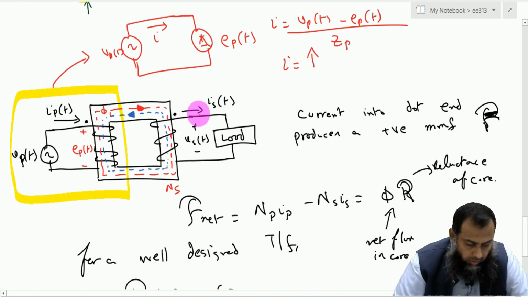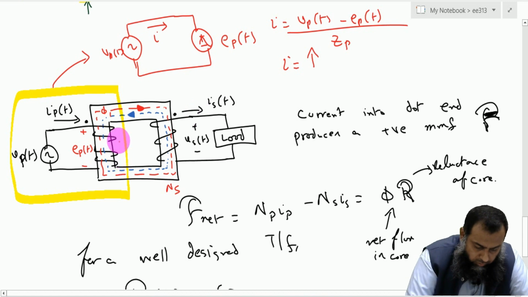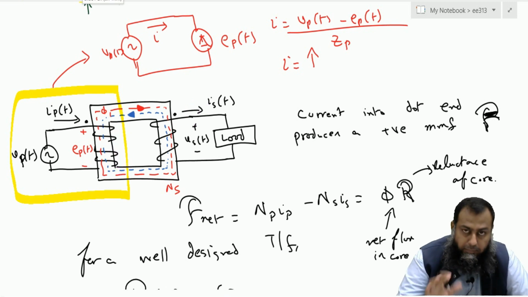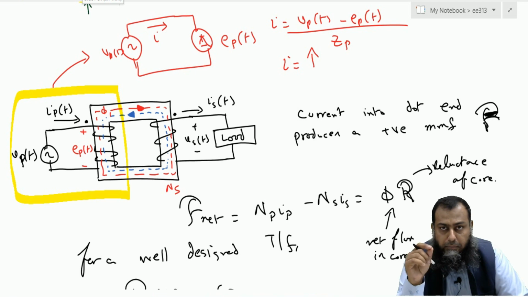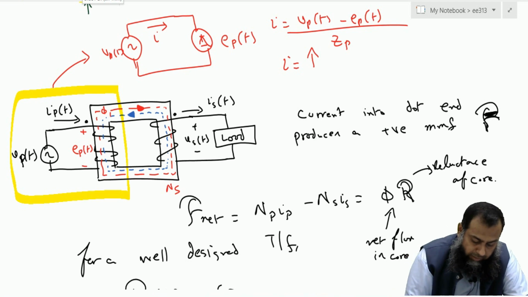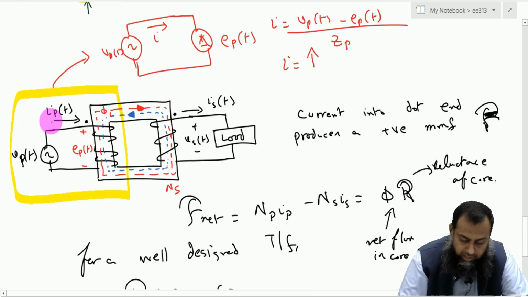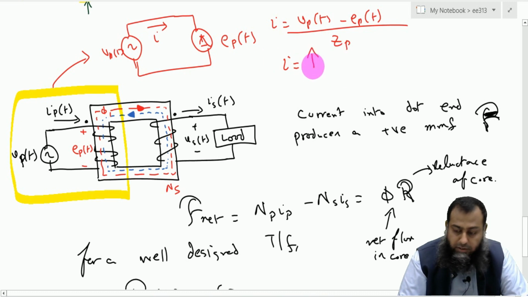So this is one thing that we should notice, that the amount of flux which is reduced by the load current, or by the flux produced in the secondary winding, is compensated by the increase in the current from the input side IPT, such that the things actually balance out the effect.